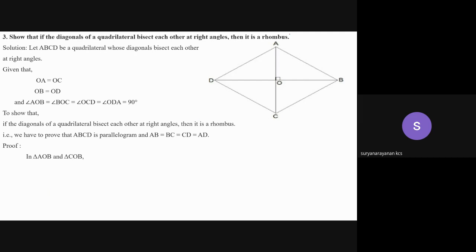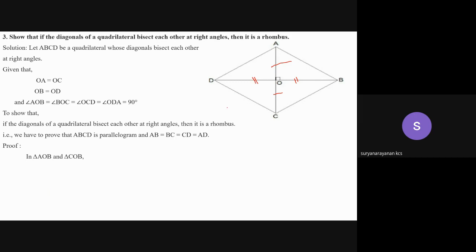Previously, I told you here OA is equal to OC, and OB is equal to OD.